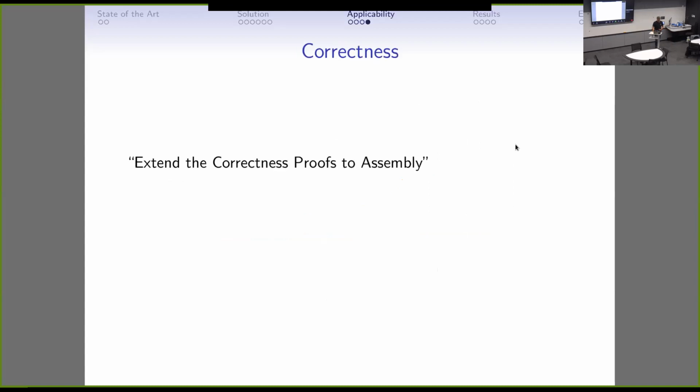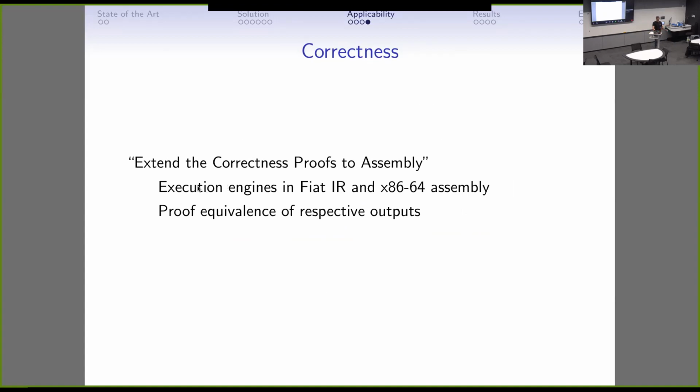Let's look at the correctness part. So I said we extend the correctness proofs to assembly. How do we do that? We build execution engines in Fiat Cryptography, or the Fiat intermediate representation, and in the assembly.